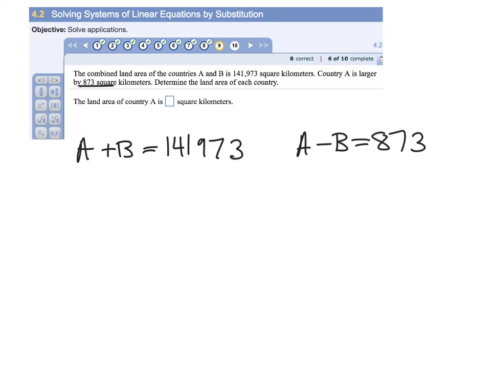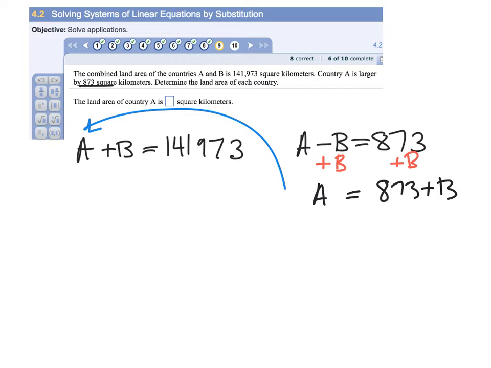And now we're going to solve. Let's solve for A because it's practically done on this right one. So that ends up being A is equal to 873 plus B. So that means we can substitute that in. So you end up with 873 plus B plus that original B right there.